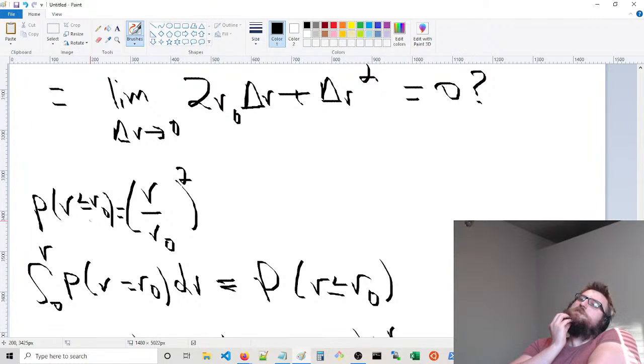The probability that the radius of any given point is less than or equal to some r sub 0 really depends on what r sub 0 is, doesn't it? I want to say it's just r sub 0 squared. It's so confusing.